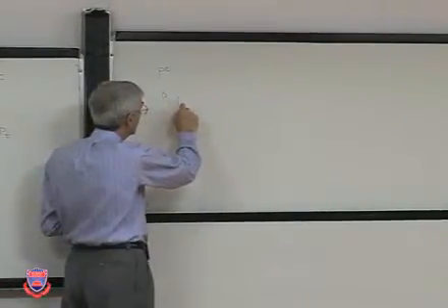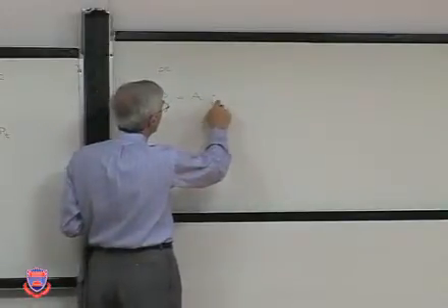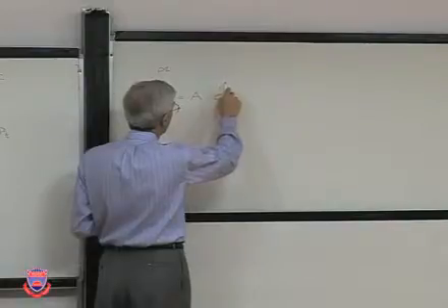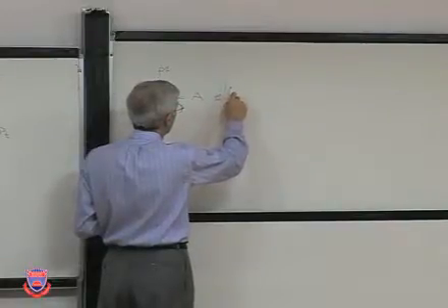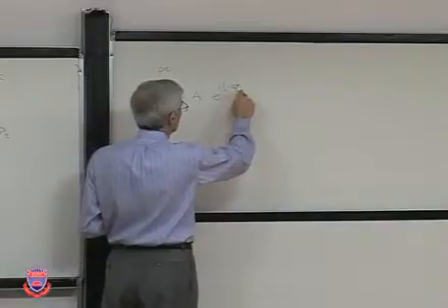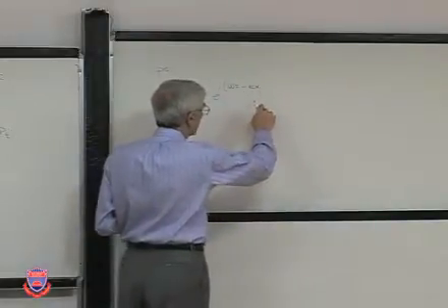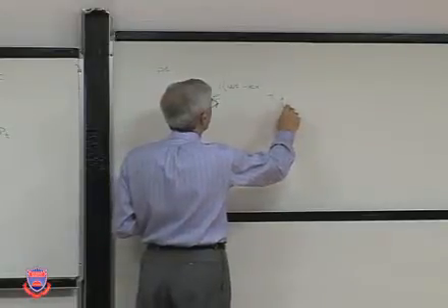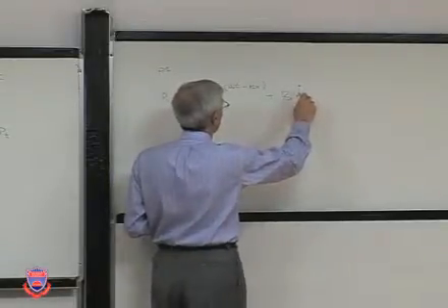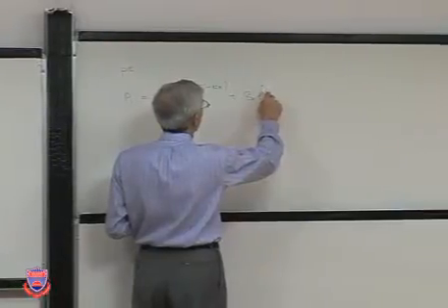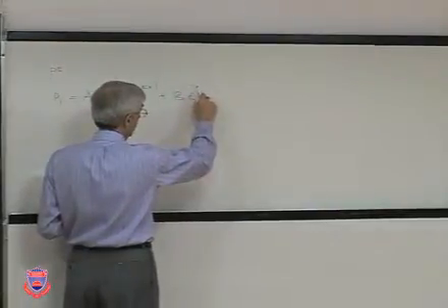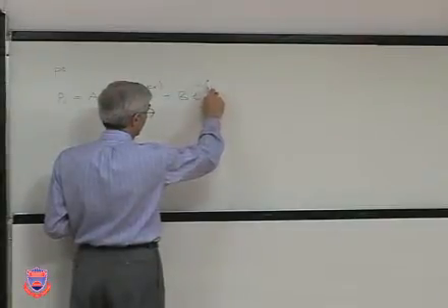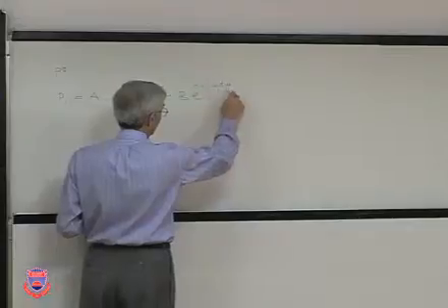A constant A, then e to the power i, parentheses, omega t minus kx, plus another constant B, e to the power i, parentheses, omega t plus kx.